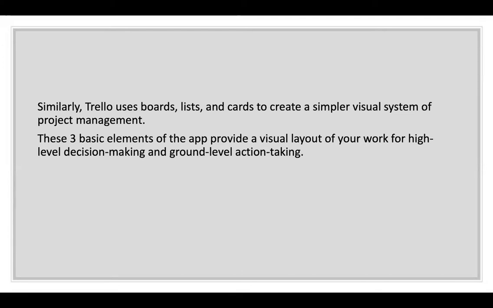So Trello's terminology, Trello uses boards, lists, and cards to create a simpler visual system of project management. These three basic elements of the app provide your visual layout, and everything from really high level stuff right down to very specific checklist action taking that we're going to work through.